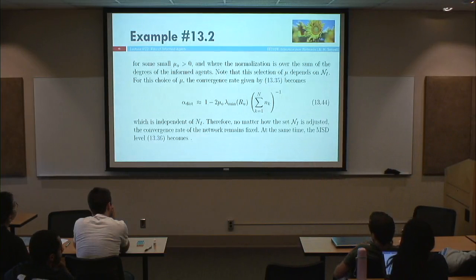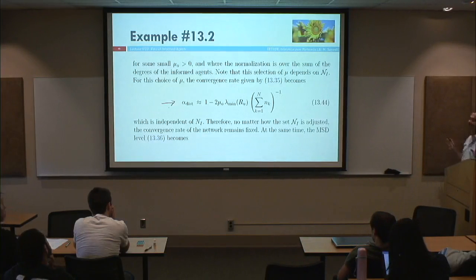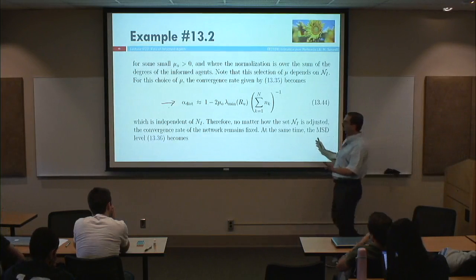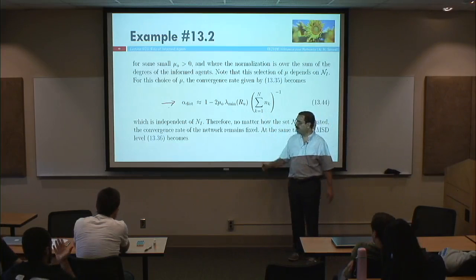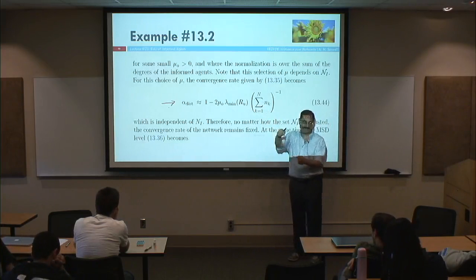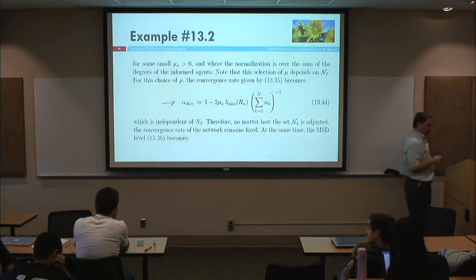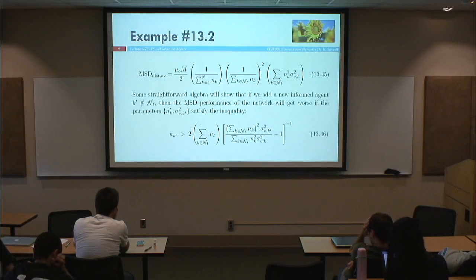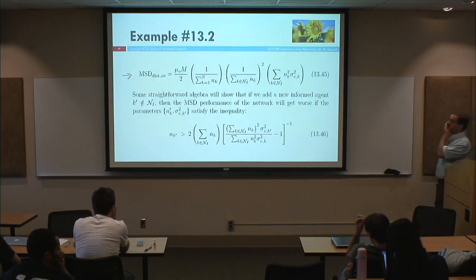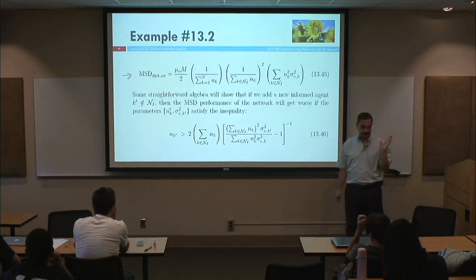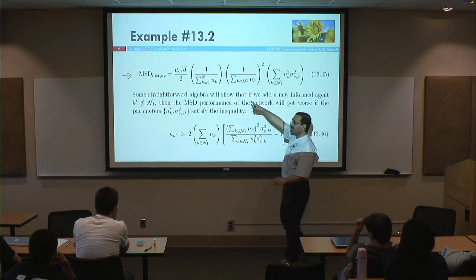So if you look there, now this alpha is independent. For both networks, the convergence rate will be the same, correct? Now, if I take this mu and plug it into the MSD expressions, here it is. This is the MSD expression that you will get. I see now you have mu 0.